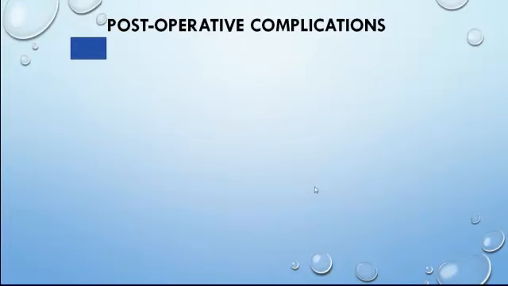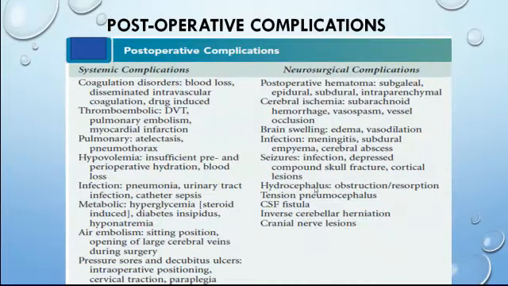What about the post-operative complications? There are two types of post-operative complications that can happen to a neurological post-surgery patient: systemic complication and neurosurgical complication.